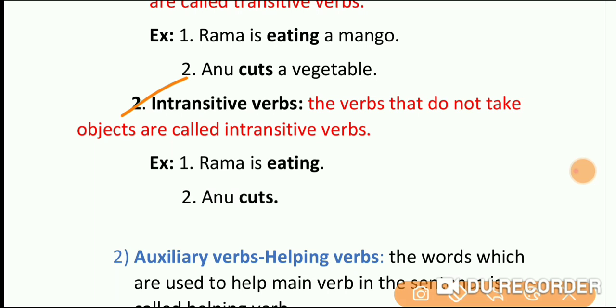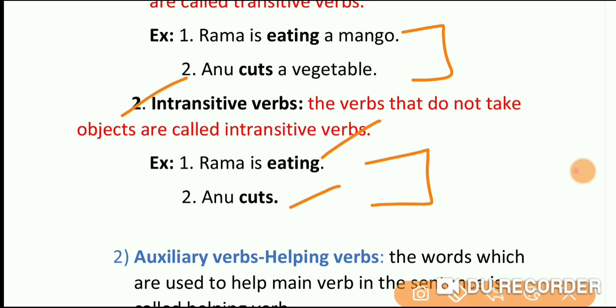Here you can see the same examples are followed here. Rama is eating. Anu cuts. Here there is no object in the first sentence as well as in the second sentence. And there is no necessity of object also, because both the sentences give complete sense. Rama is eating.